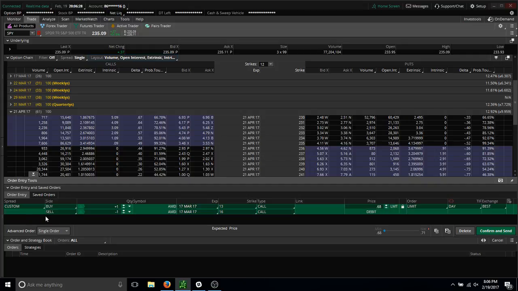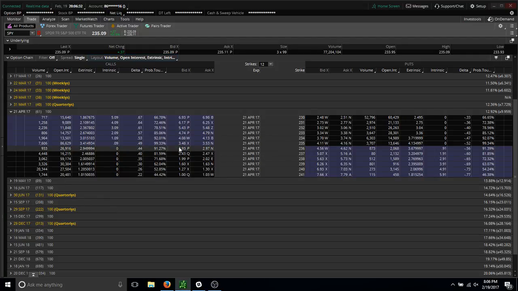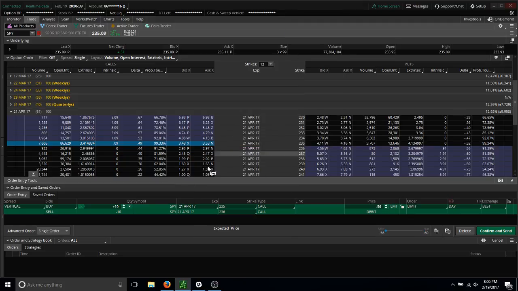So let's do a custom SPY here. Delete this. And again, we'll do the same exact thing. We'll buy 1 in the money. We'll just go vertical and then 2 out of the money. Put it down to 1 contract.